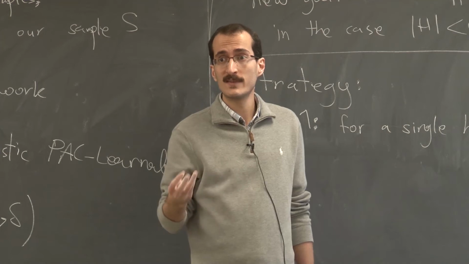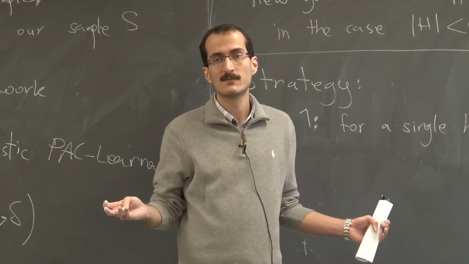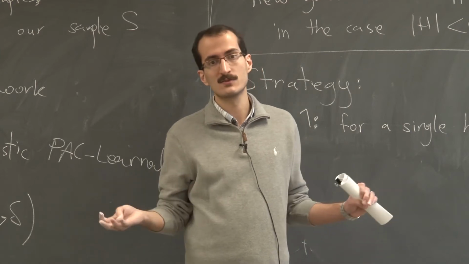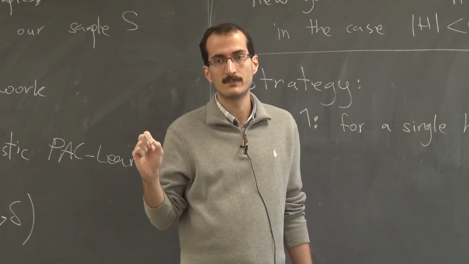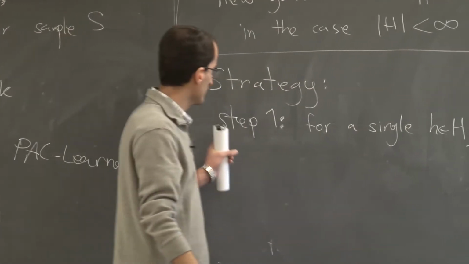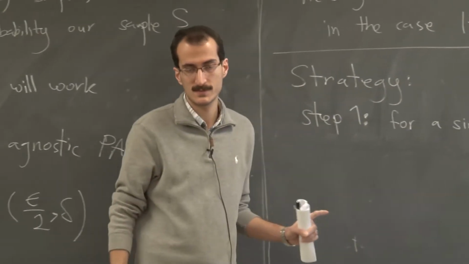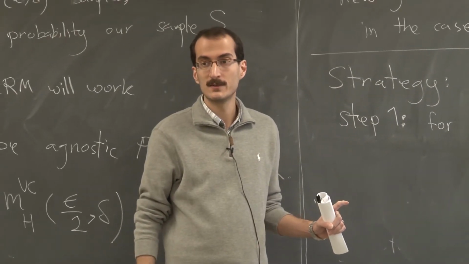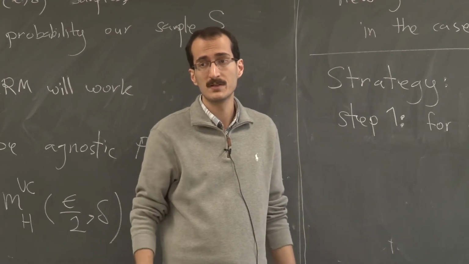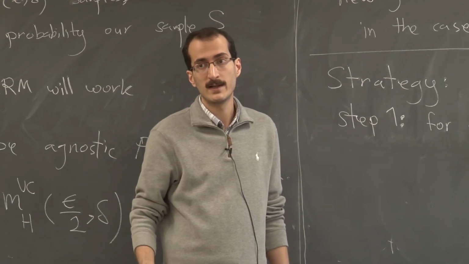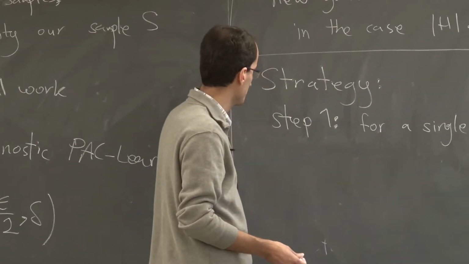So in order to prove that, I need to show that for all of the hypotheses in the class, the empirical error is close to the true error. So let's start with just one hypothesis right now. For the first step, we want to prove that for a single hypothesis, the true error will be close to the empirical error if I have enough samples.